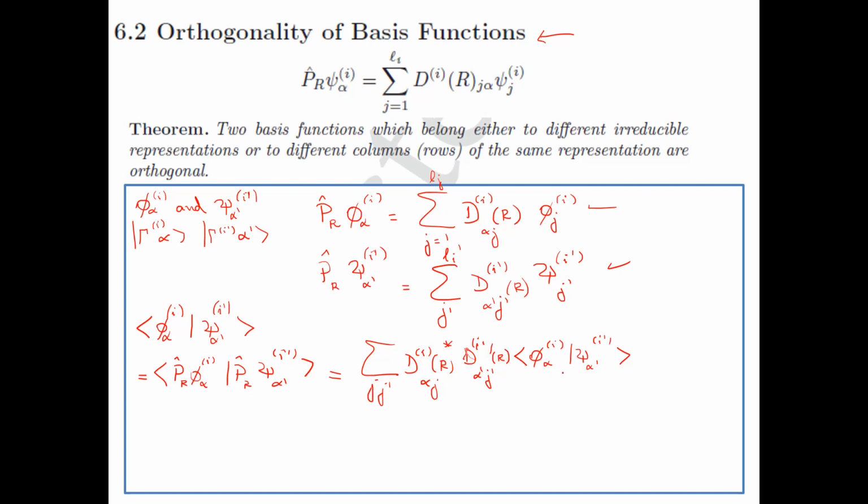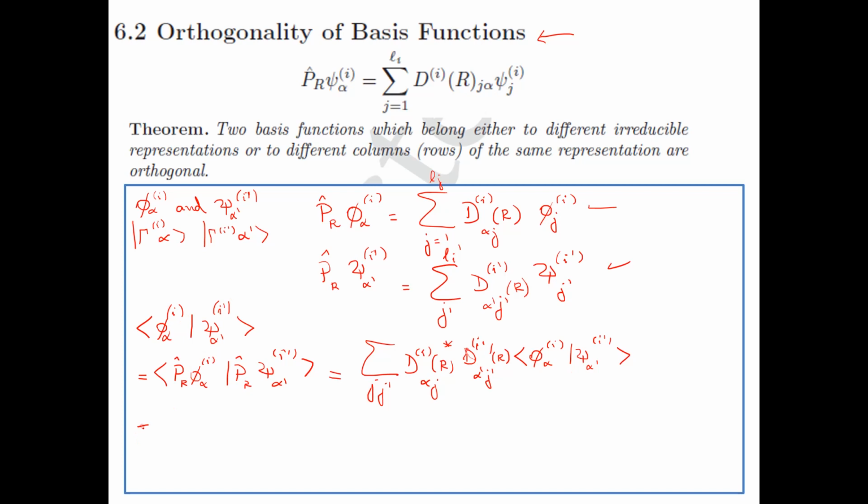Now, if this is all the same number, no matter which symmetry operation R I choose, I can also sum over all symmetry operations of the group and divide by the number of elements in the group, and then it's going to remain the same number. So I can do this.